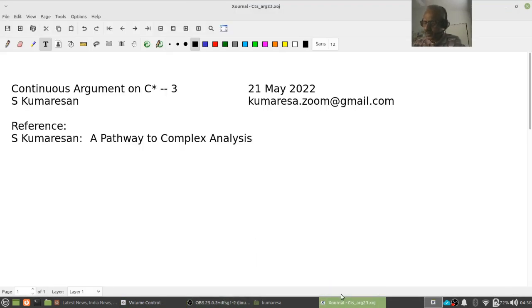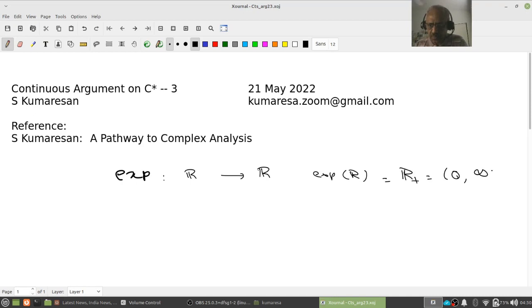So let us recall, the exponential function from R to R is such that the exponential of R is completely R plus, that is, all positive reals. This we know.